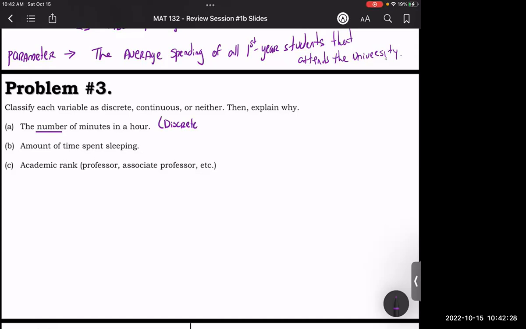It's something that can be countable. That's what my professor told me. Yeah, there you go. It's something that is countable, right? The data values here. Can you count how many minutes are in an hour? How many minutes are in an hour? 60 minutes. You can actually count those minutes. So it's discrete because the data can only take on specific values.